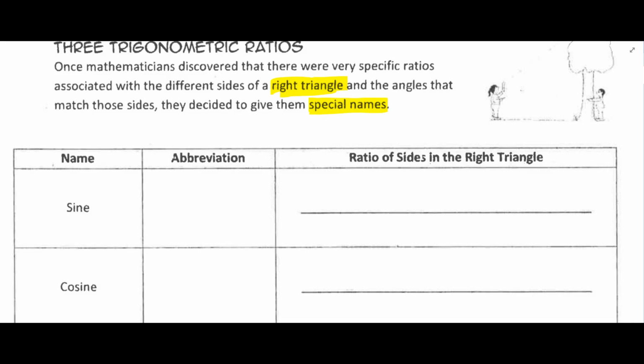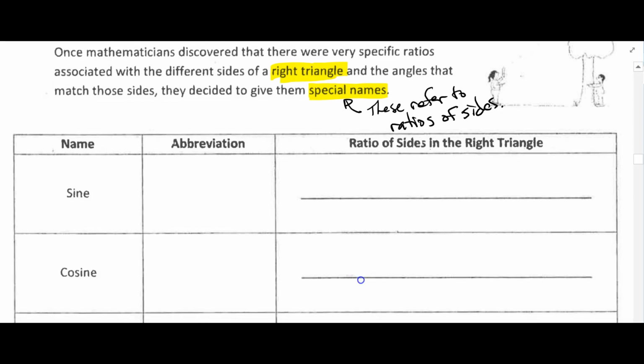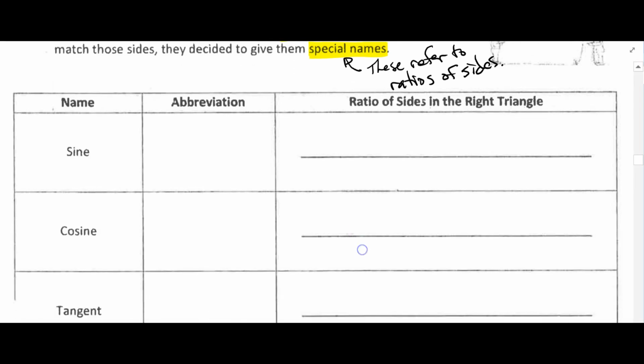These special names refer to ratios of sides. So they made ratios out of the different sides of the right triangle and gave them special names.